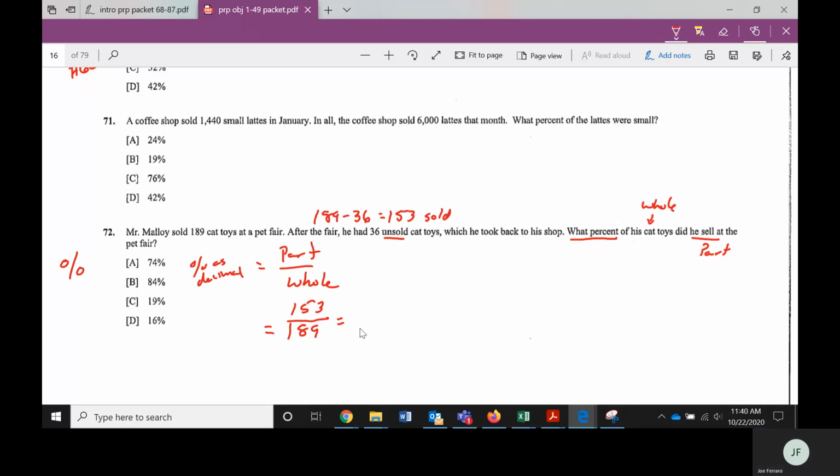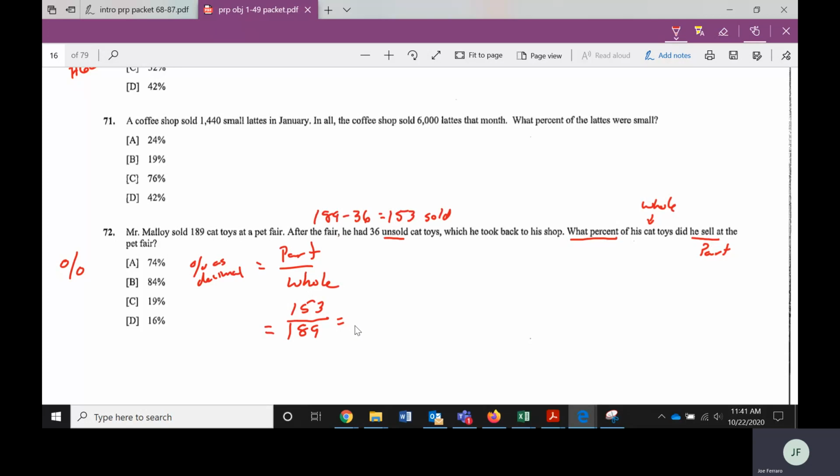I just want to double check here. I think I typed in a number wrong on my calculator. Oh, all right. So let me go back. I read the problem wrong.